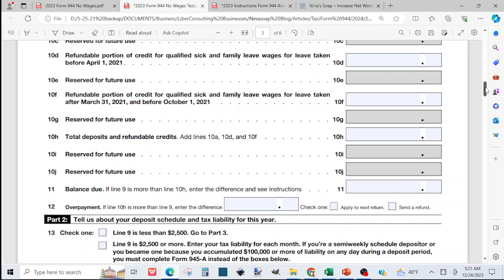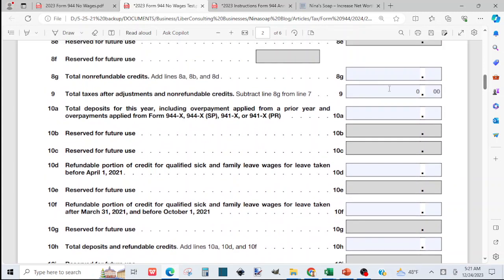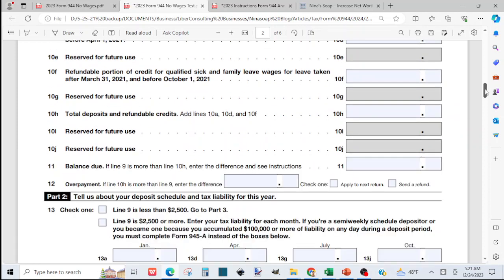But if line 9, total tax, compared with 10H, total deposit and refundable credit, depending on how you are doing the subtraction, if you do line 9 minus line 10H and it is negative, or line 9 is less than line 10H, that means you paid more than you owe.